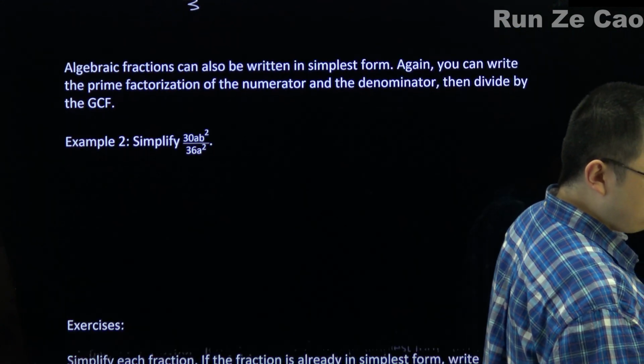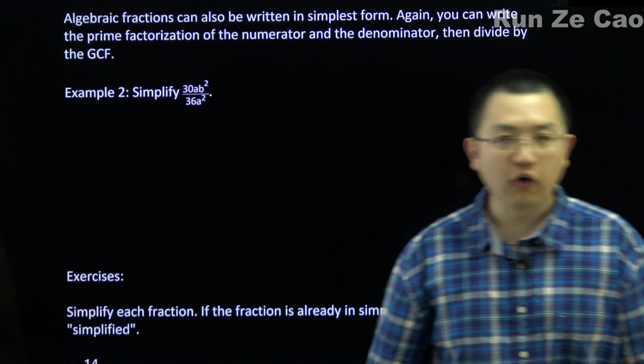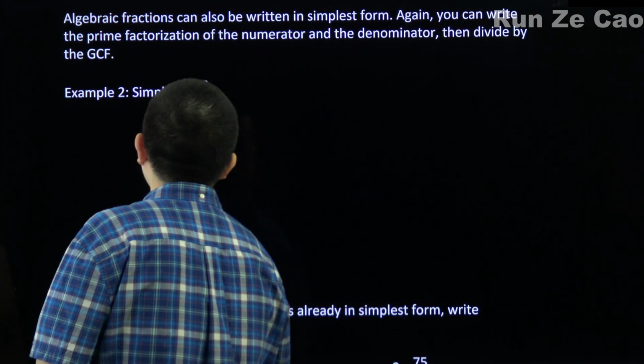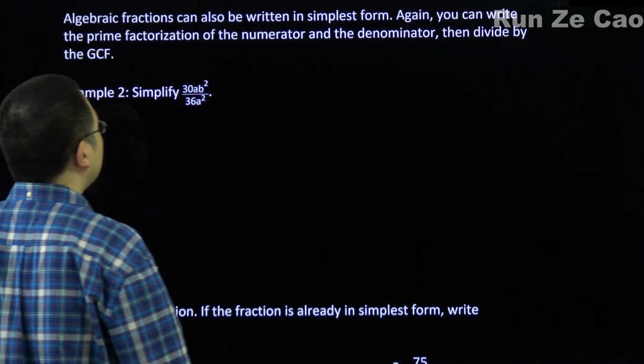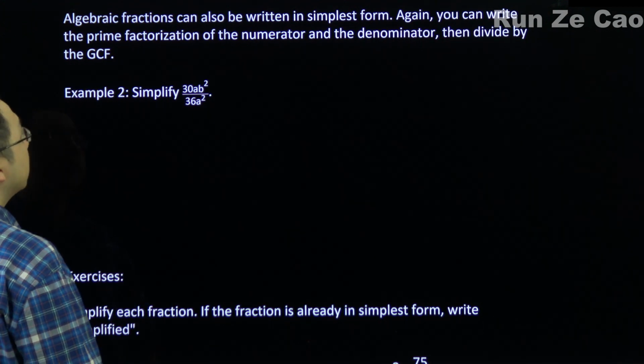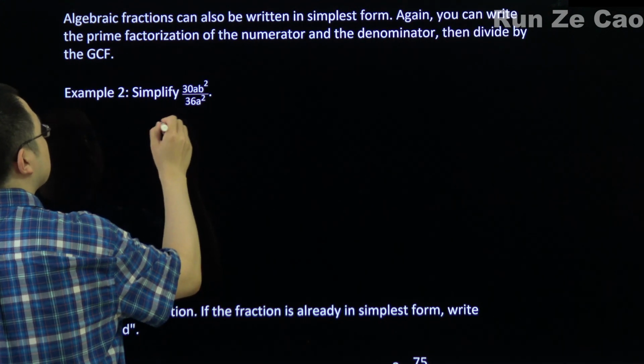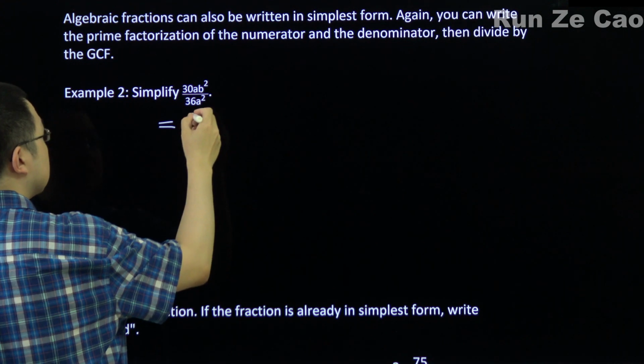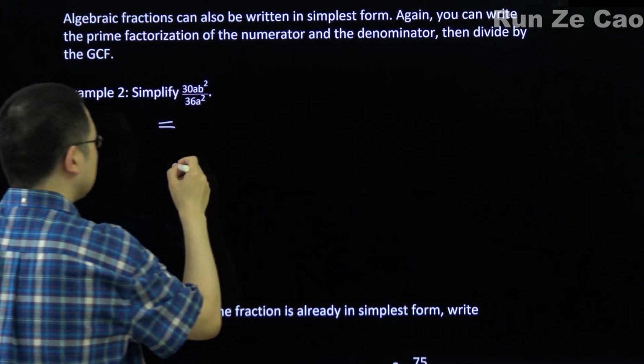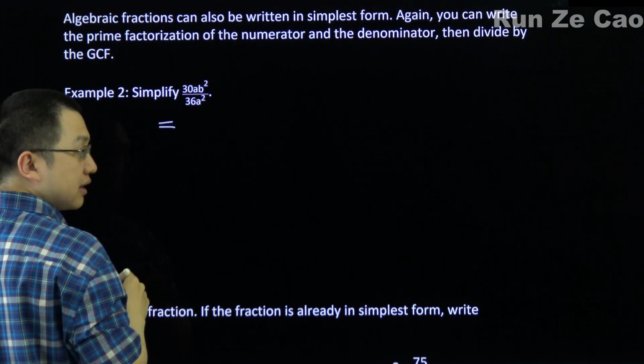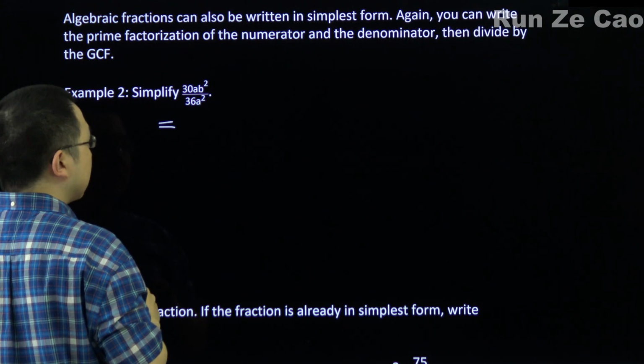Algebraic fractions can also be written in simplest form. For example, if you have 30ab squared over 36a squared, well, you write out the factorizations. 5 times 6 is 30. 6 times 6 is 36.